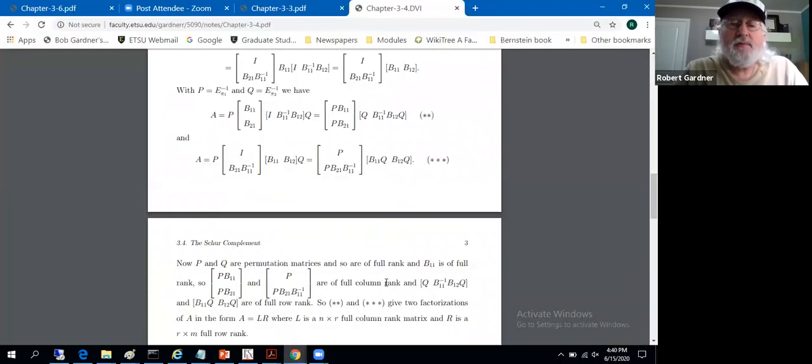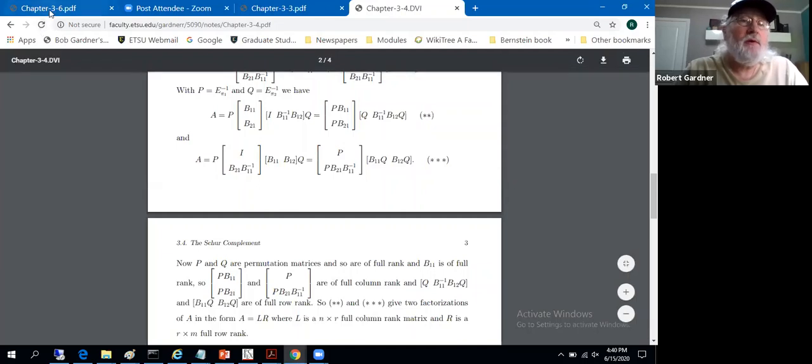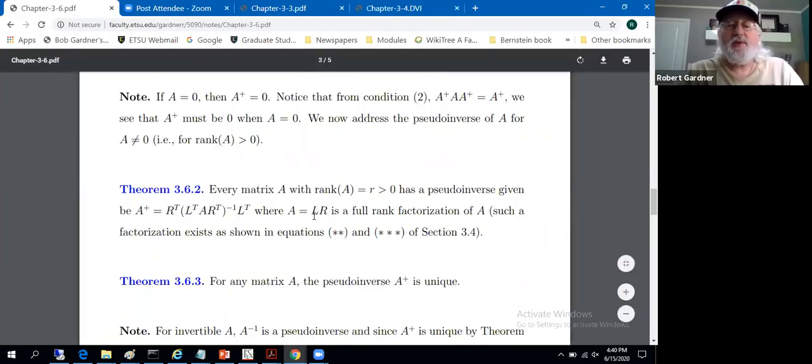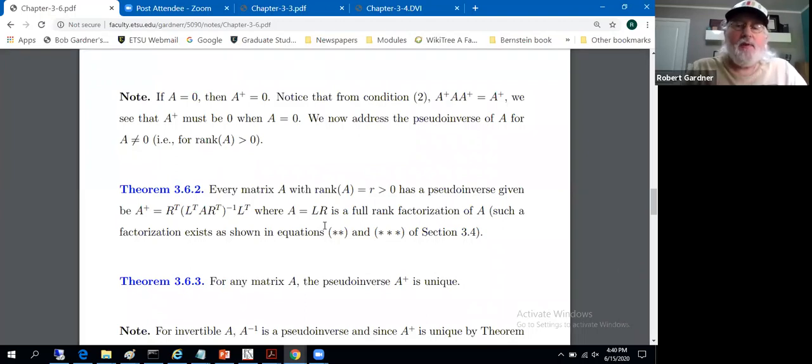Back to our notes. Okay, so these L and R things exist as required. That was written in terms of some permutation matrices. We're not doing a bunch of computational stuff.